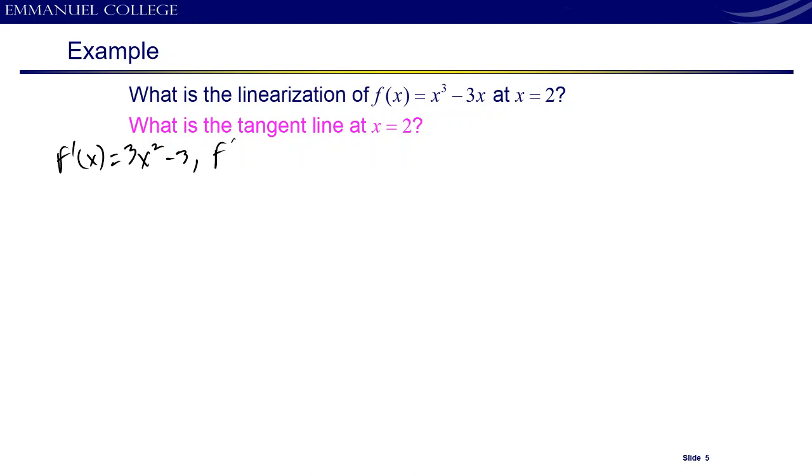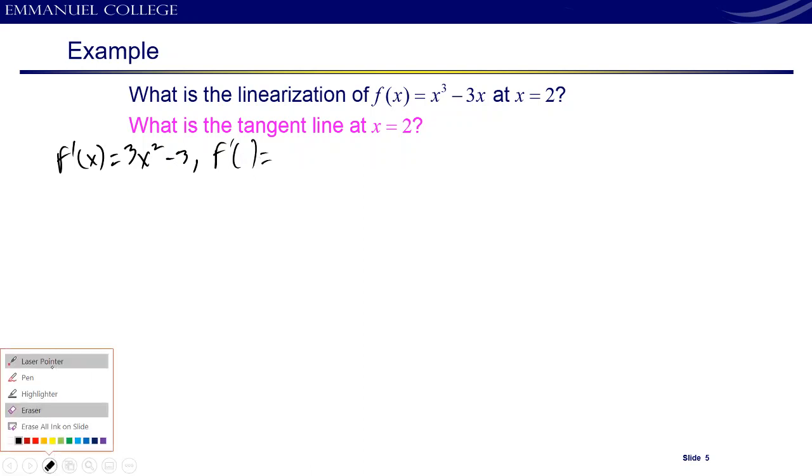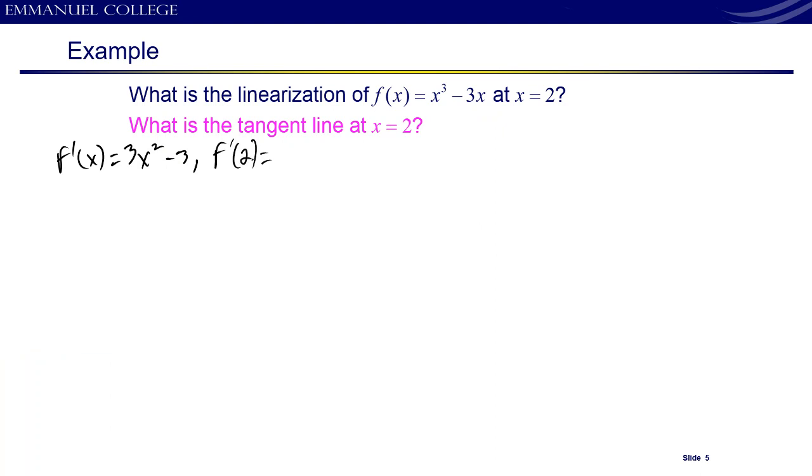Now I also need f prime of 2. I wrote way too many 3's down. So f prime of 2 is going to be 12 minus 3, which is 9.